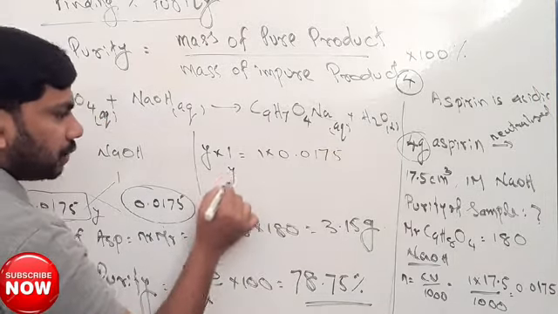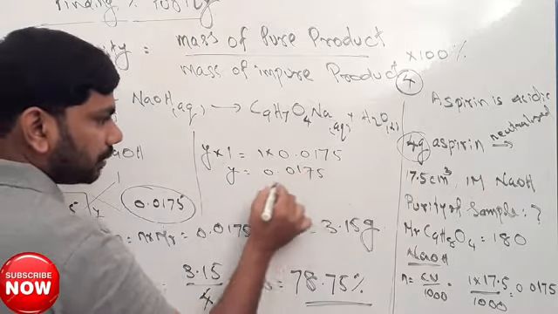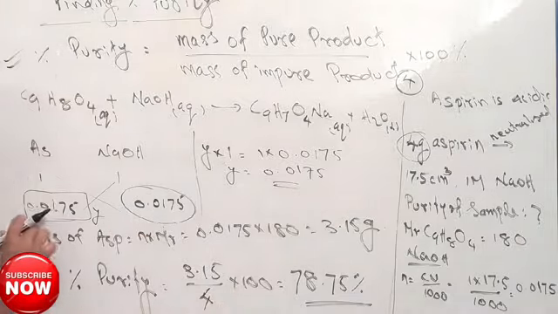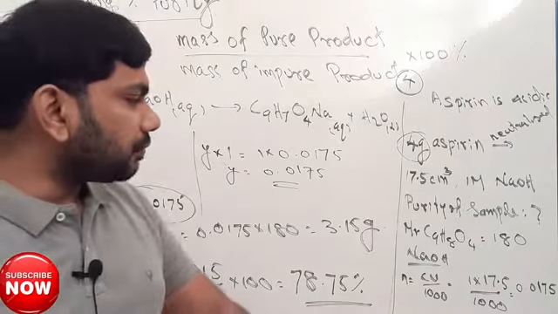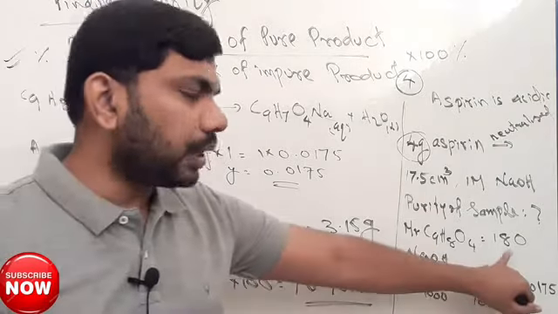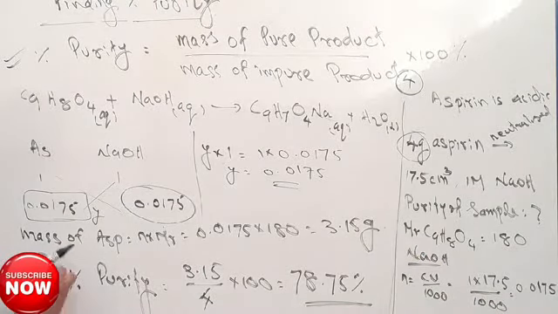So the unknown value will be 0.0175. So the number of moles of aspirin is 0.0175. Clear? So you have the number of moles of aspirin and you have the relative molecular mass of aspirin, given here as 180.